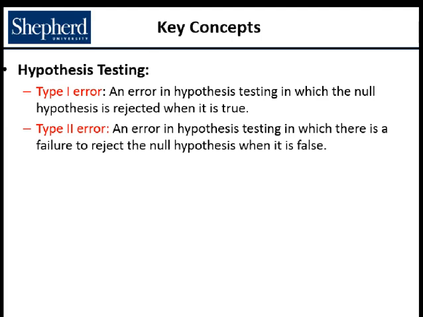So they're never saying they accept the null hypothesis, they just say there's not enough evidence to reject the null hypothesis. So the rule of thumb here is a type 2 error is you should reject the null, but do not.